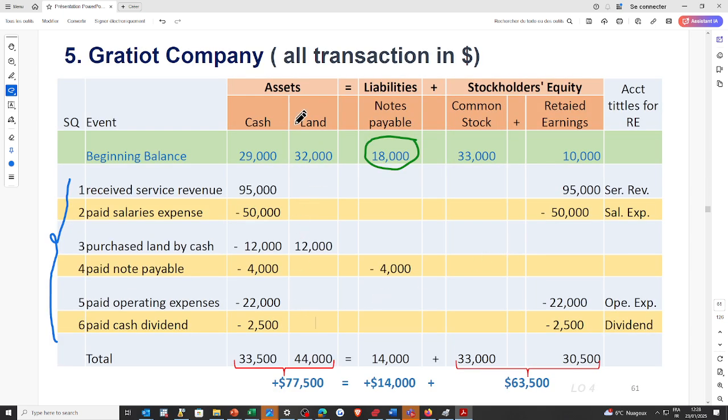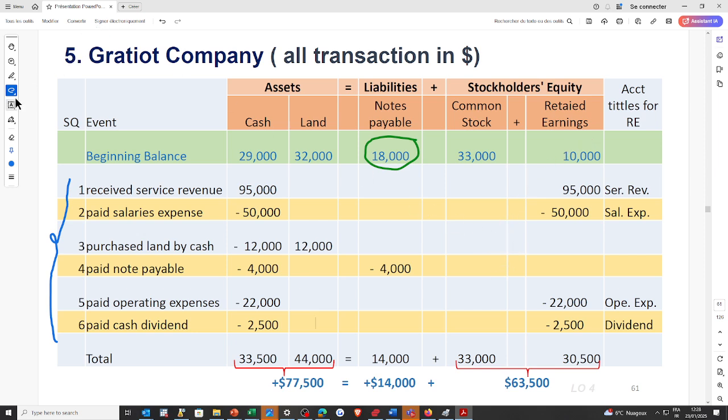Here we have two asset accounts, cash and land, and one liability account, notes payable. For the stockholders' equity, we have common stock at the beginning of 33, and retained earnings of 10. So how do we come to the retained earnings? Retained earnings of 10,000 is from the period before.